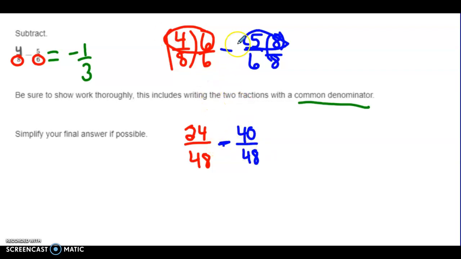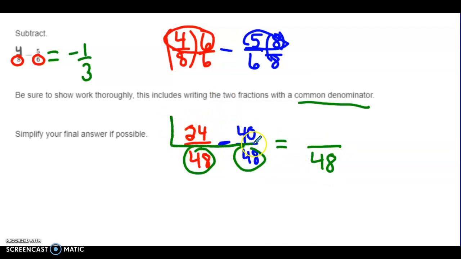Now that I have common denominators, meaning the bottom is the same, I can just write down that same denominator, and then take my top two numbers and subtract them. My top two numbers say 24 minus 40, and 24 minus 40 is negative 16. So we got common denominators, we subtracted, and now we ended up with this.